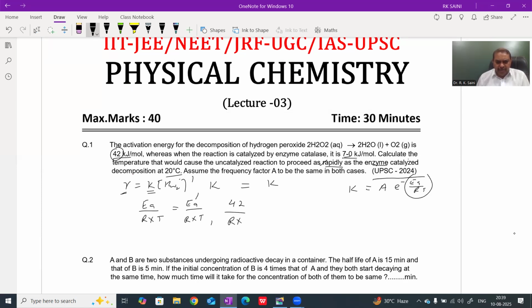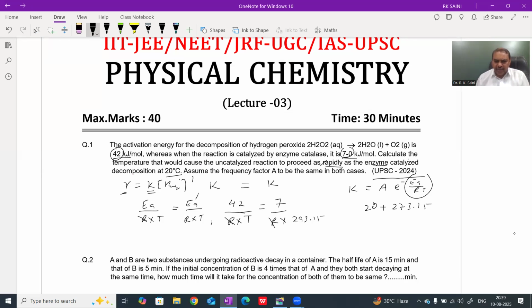R is a constant, and we find the temperature at which the reaction becomes as rapid as in the catalyst, and the activation energy in presence of catalyst is 7 kilojoule, and the temperature is 20 degrees centigrade. 20 degrees centigrade converted into Kelvin, add 273.15. Therefore, T is 293.15.